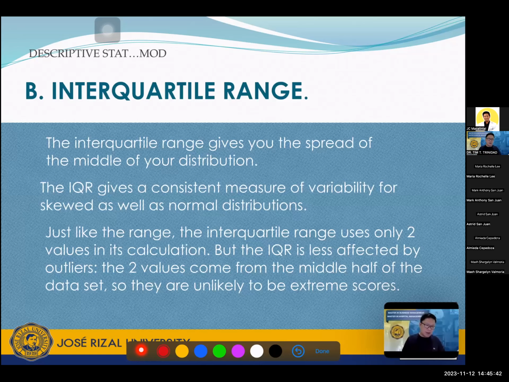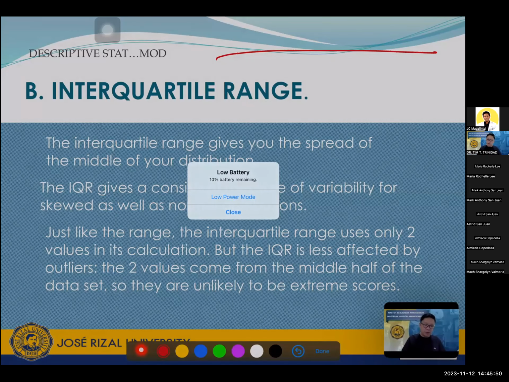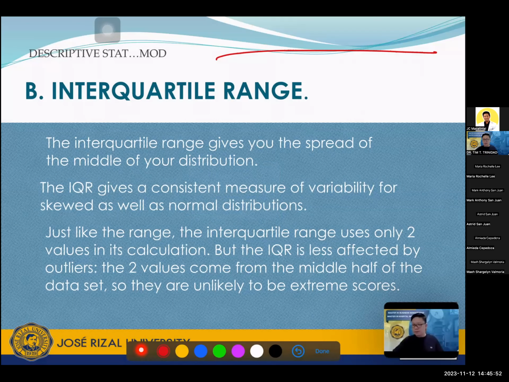Okay. What about an interquartile range? We said a while ago that a range is a very crude measurement because you only see the outliers or the extremes.